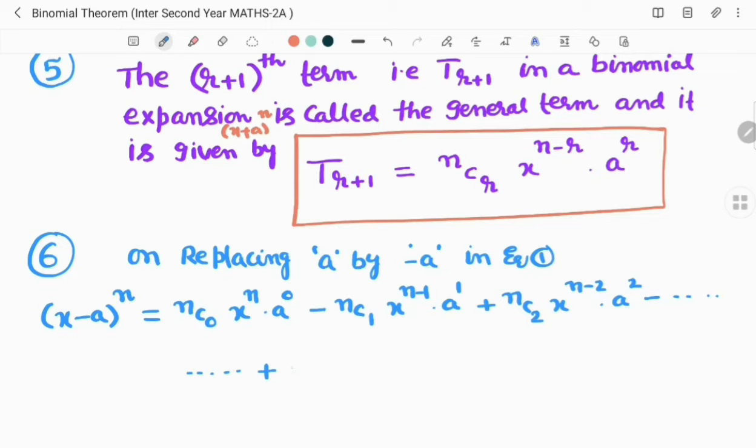So what we are doing is plus minus 1 whole power r nCr x power n minus r into a power r, plus and so on, plus the last term, that is the nth term, minus 1 whole power n nCn, even here also nCn, not r, x power 0 a power n.